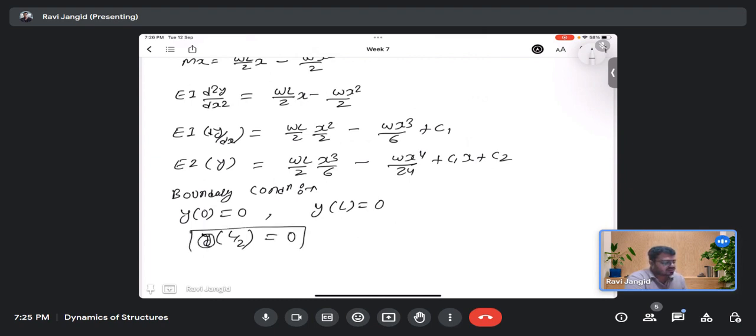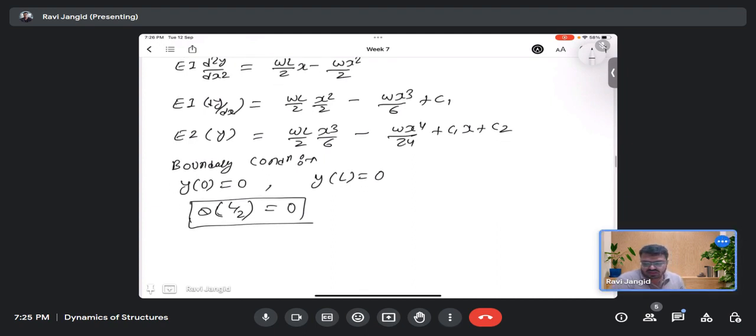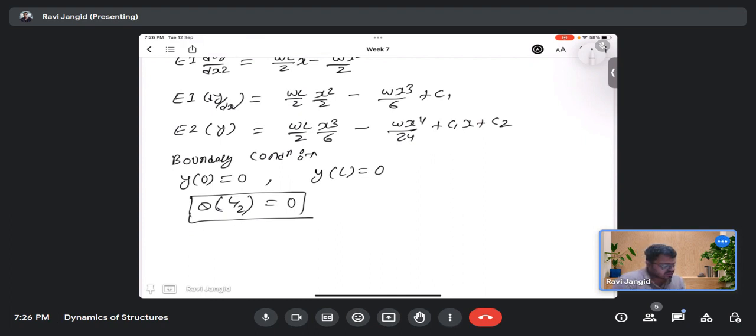That would be another case also. That also you can do. Okay. So first, let x equal to L by 2, my theta, or my dy dx, is 0.